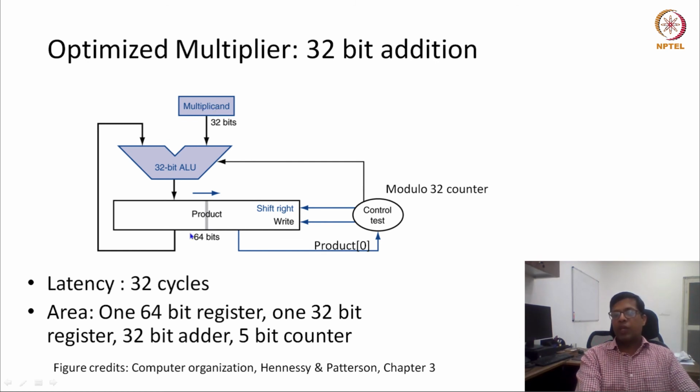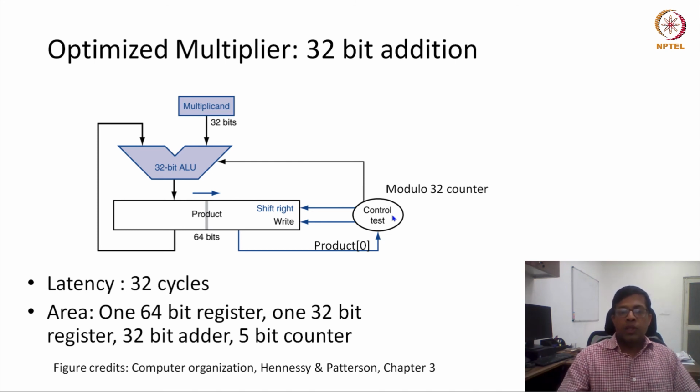So this requirement could be there whenever we are doing multiplication, but for the sake of completeness, we have written that these two registers are the requirement. In addition, we'll have a 32 bit adder, and control is simple. We only require a modulo 32 counter or a 5 bit counter.